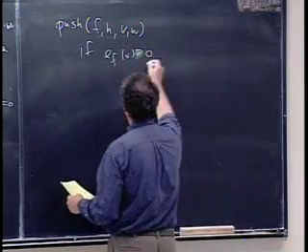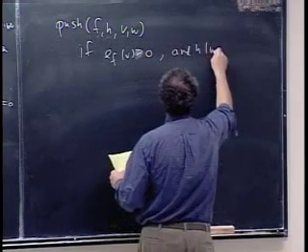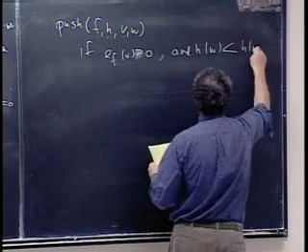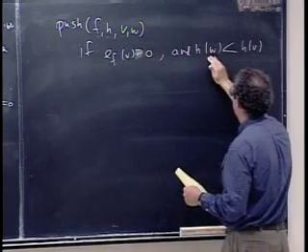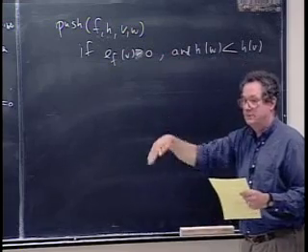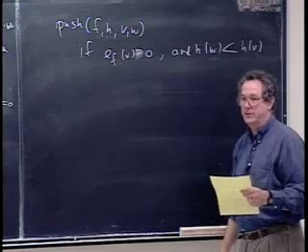So if it has excess there, and we have this other requirement satisfied, H of W less than H of V, well, what does that mean? That means that the height of W is less than the height of V. So we're going to be pushing downhill, if you want to keep that physical analogy.